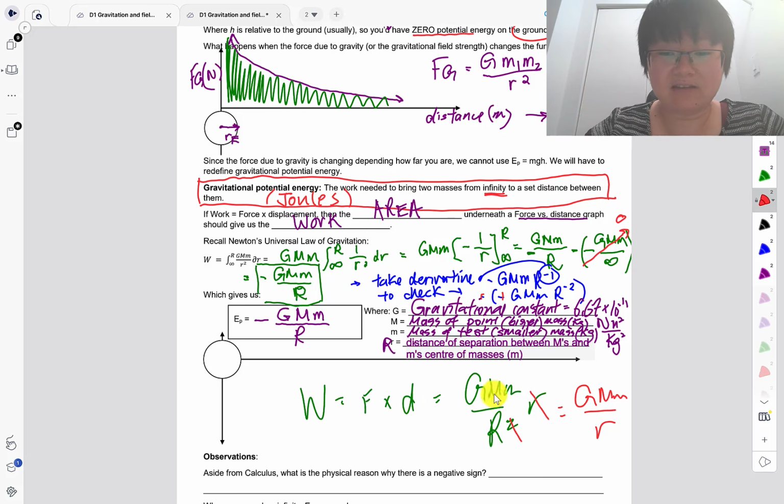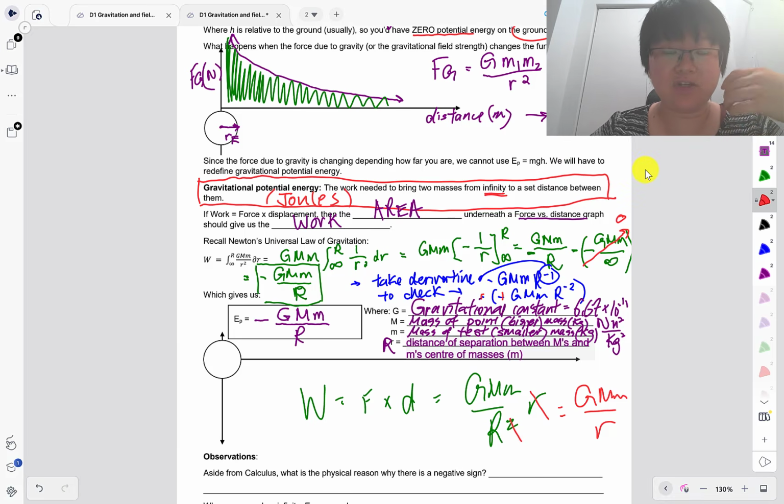But the other thing we need to appreciate is that the force of attraction between your two masses is not constant as you move them further or closer together. And because it's not constant, this equation breaks down, because it assumes that this force is either constant or some sort of average, which would be very difficult to find in this case, which is why the integration, the calculus way of finding it, is more proper.